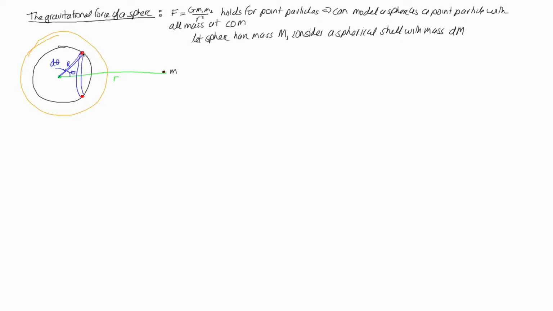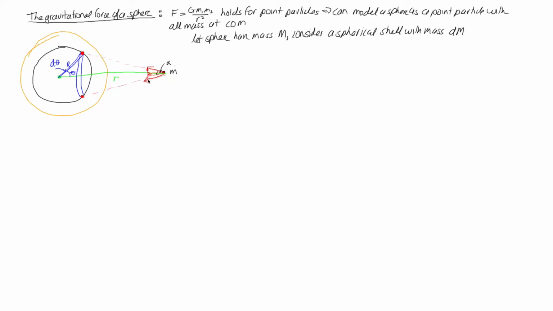Now, gravity is an attractive force, so we have a force up towards this point and also a force down towards this point. And hopefully from that little diagram you can see if we call this angle in here alpha, then we can break this attractive force up into a vertical component and a horizontal component.